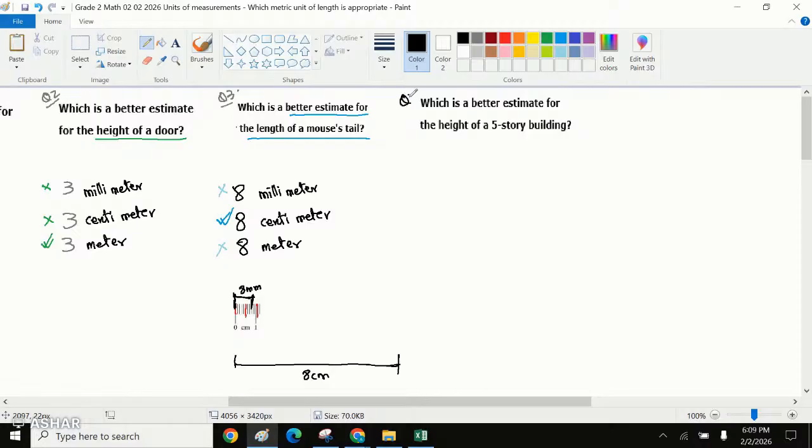For question number 4, if it was 16 millimeter, 16 centimeter, or 16 meter. So, which is the preferable height? Which is a preferable height of a 5-story building?